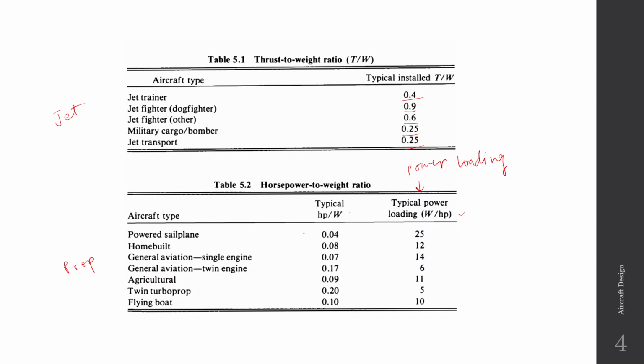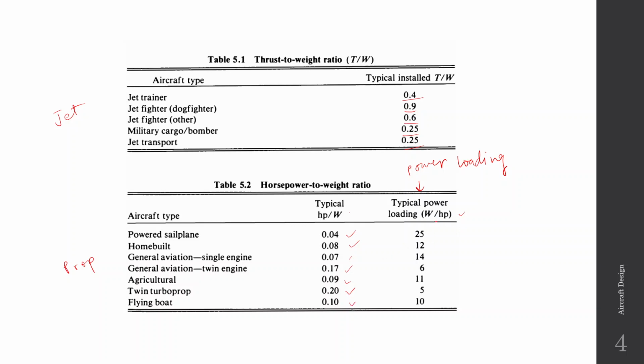You can see powered sailplane is 0.04, and home built aircraft is 0.08. General aviation is 0.07 for single engine. For twin engine it is 0.17. Agricultural is 0.09. Twin turboprop is 0.2, and for flying boat it is 0.1.